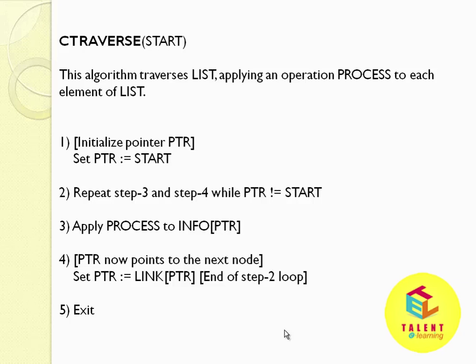Step 1, initialize the pointer ptr. Step 2, repeat step 3 and step 4 while ptr not equal to start. Step 3, apply process to info of ptr. Step 4, ptr now points to the next node. Step 5, exit.